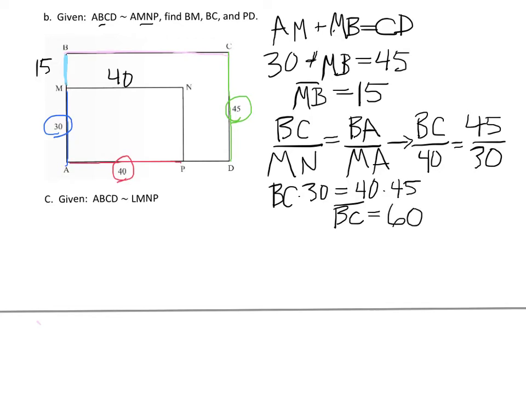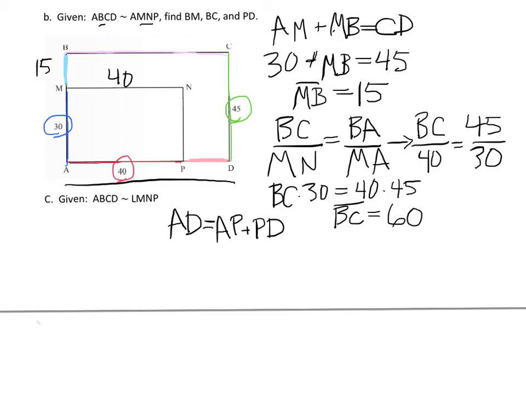It just wants me to solve for PD. Okay, so that's this little piece right here. Well, since I know essentially all the other pieces, I'm going to use parts to whole again. Since I know that all of AD, this whole thing right here, should be equal to AP plus PD.